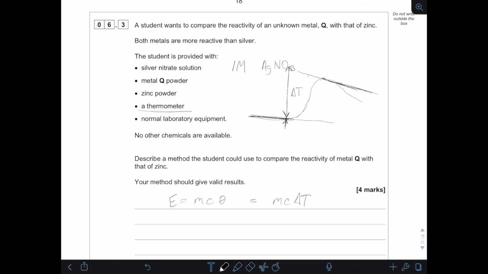That's to find the enthalpy change of this reaction, and you can use that to calculate the difference in delta T, and hence infer the difference in reactivity of the two metals. So that's the way you would go about doing this question.